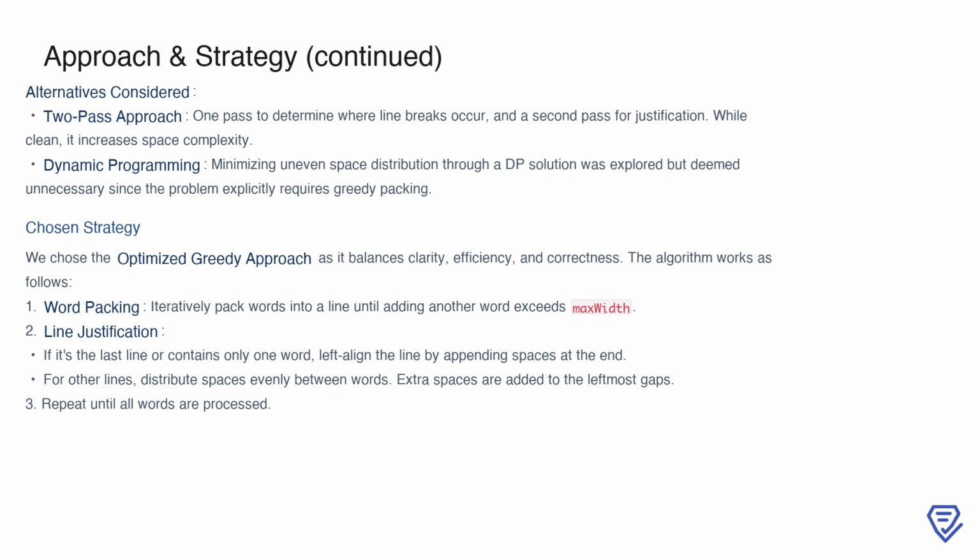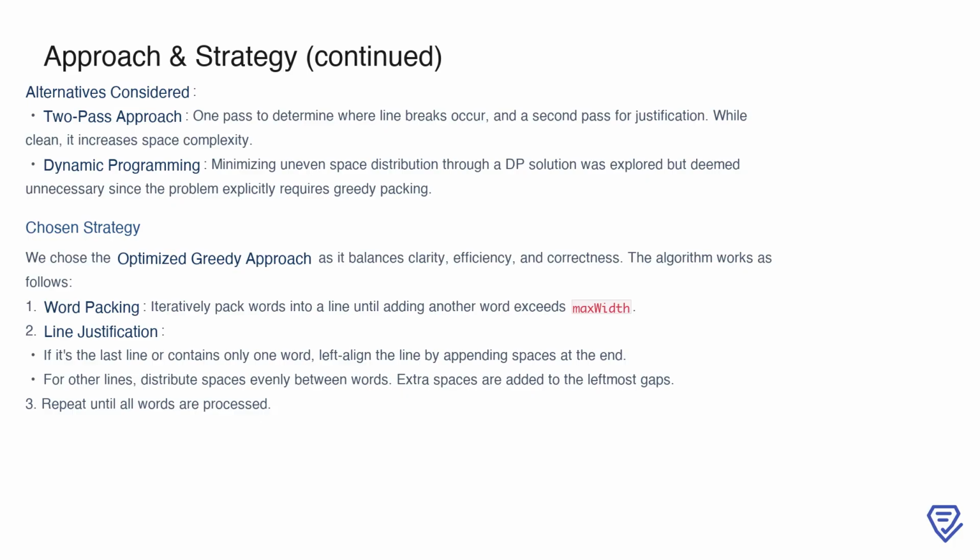Another alternative we investigated was using dynamic programming to minimize the uneven distribution of spaces between words. However, this approach was deemed unnecessary because the problem is better suited to a greedy packing strategy, as it explicitly calls for justified text within the given constraints. Ultimately, we chose the optimized greedy approach because it strikes the best balance between clarity, efficiency, and correctness.